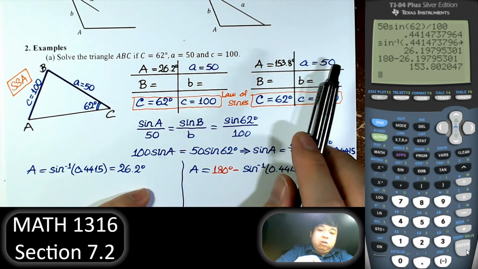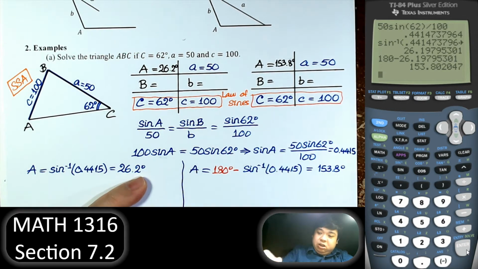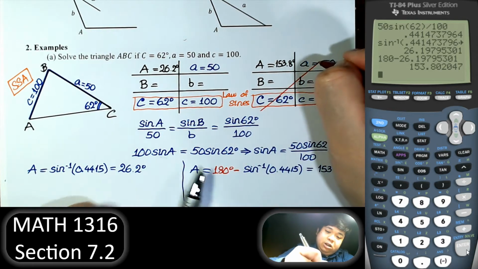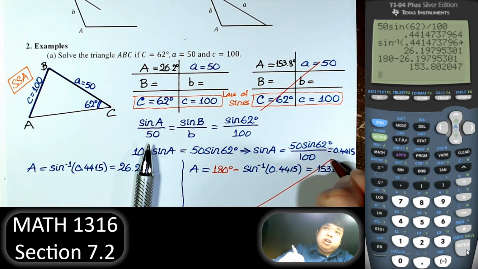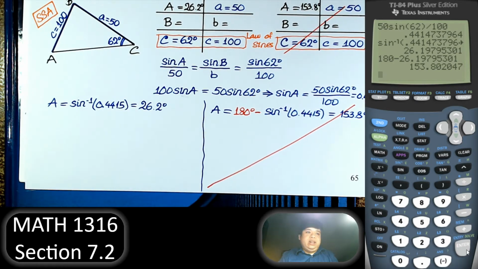A bigger angle faces the longer side, which is not the case. So this scenario is not true, and we're just going to cross that out. This potential solution doesn't work. So we have one solution here.